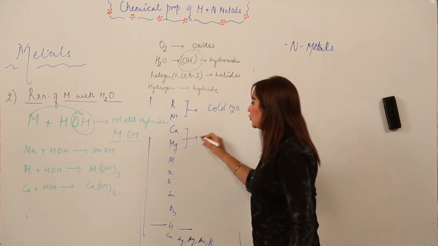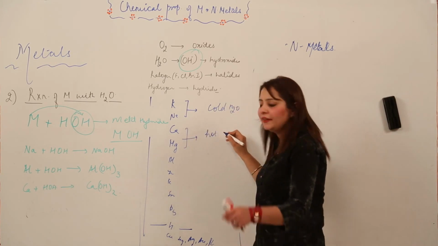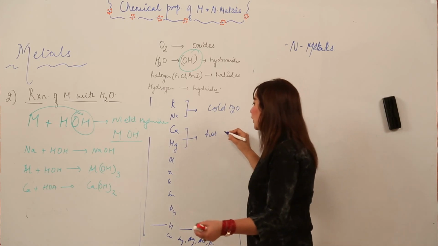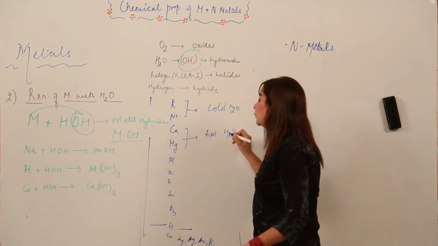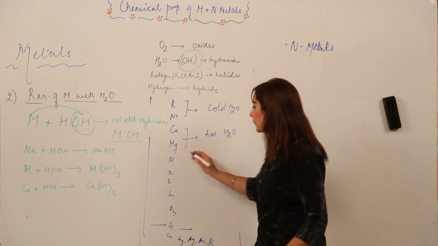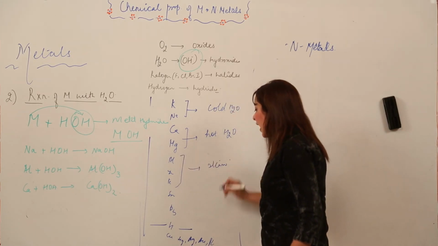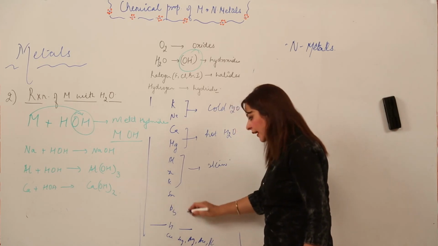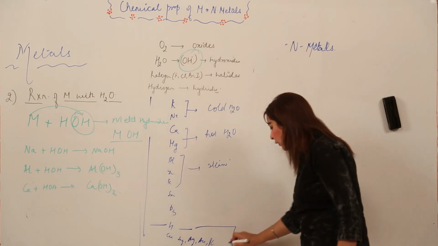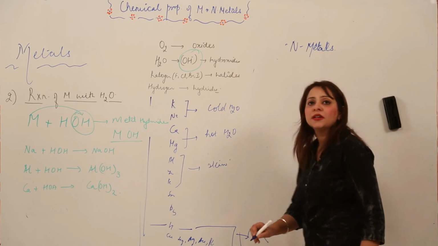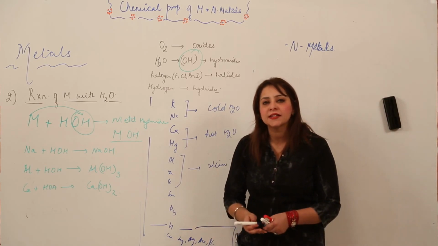Calcium and magnesium react on heating, with boiling water or hot water. Aluminium, iron and zinc react with steam. And these metals, even they react with steam, and the metals placed below hydrogen do not react with water in any case. Now what is the reason?